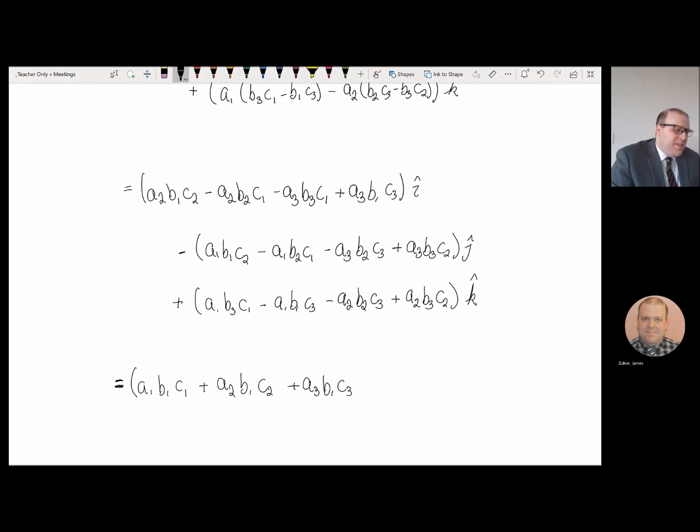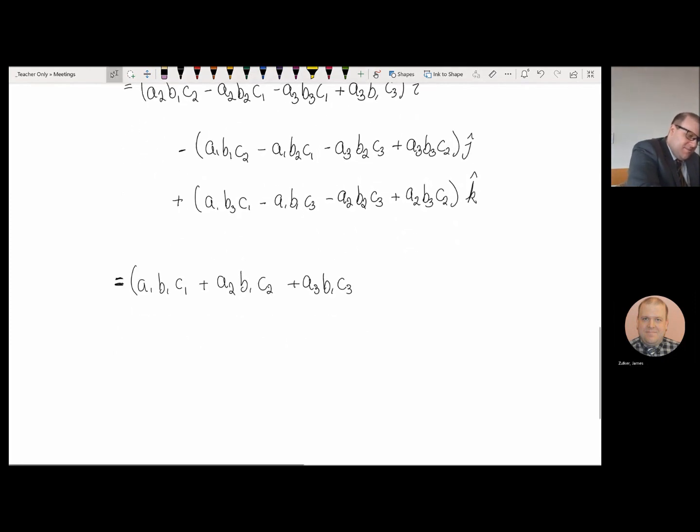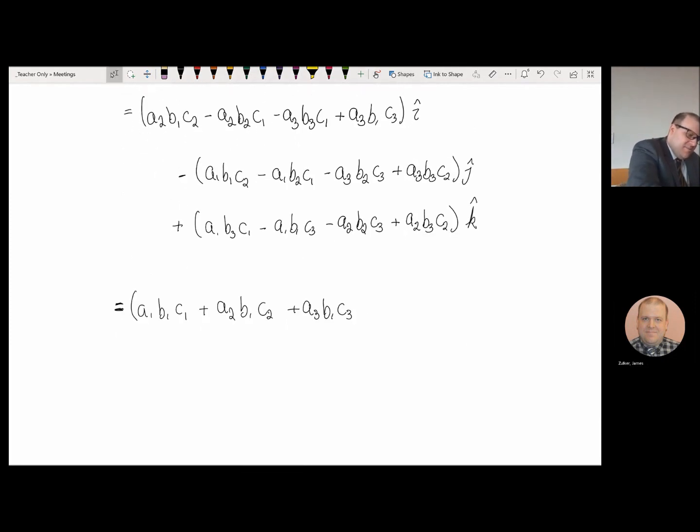And the reason for that is if you look at B1, there are two B1s, right? One that has A2, B2, one that has A3, B3. Well, I want one that has A1, C1 as well. And it'll be minus.